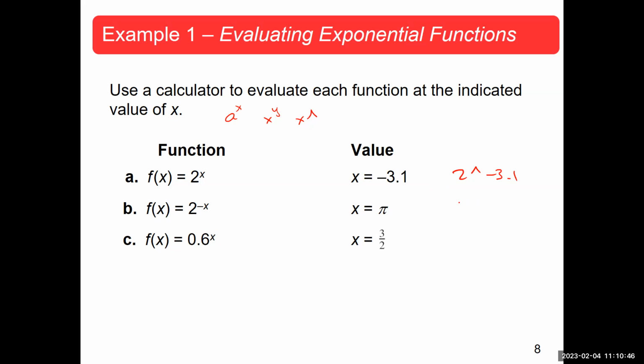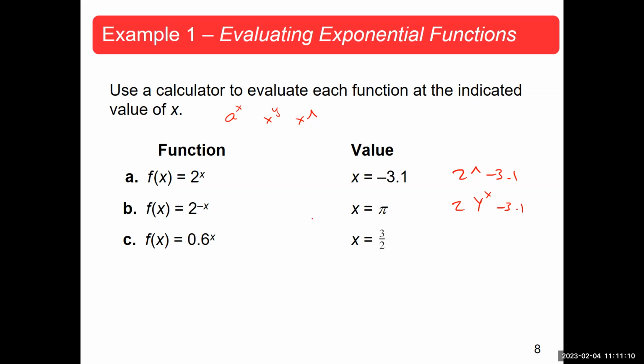Or maybe 2, and you push the button y to power x. Then you say negative 3.1. So you do the same thing for this one, 2 to power negative pi. You put pi.